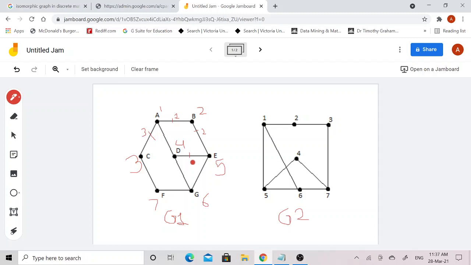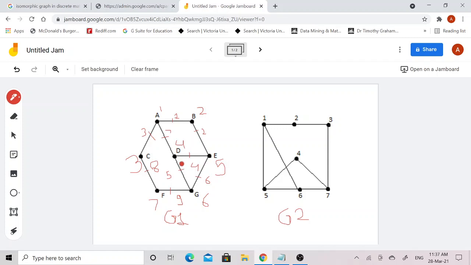This is the fourth edge. This edge is fifth. This one is the sixth. This is edge number 7. This is edge number 8. And this one is the ninth. So there are a total of 9 edges present in graph G1.